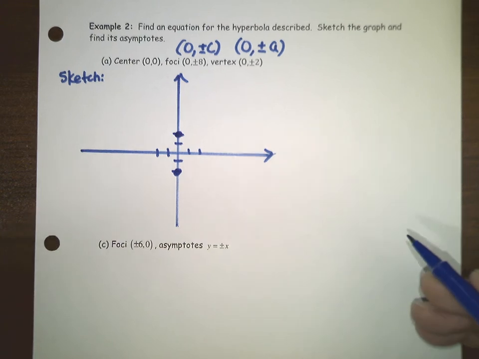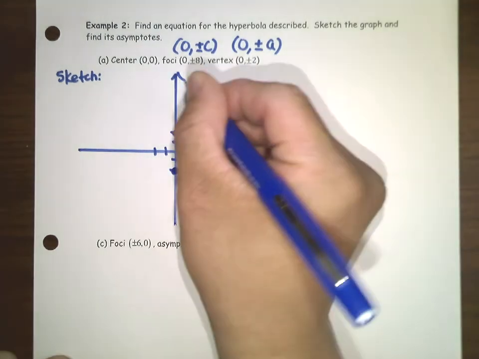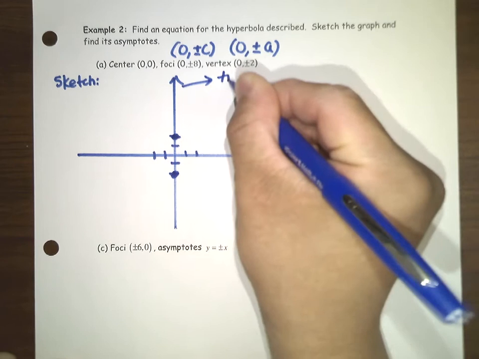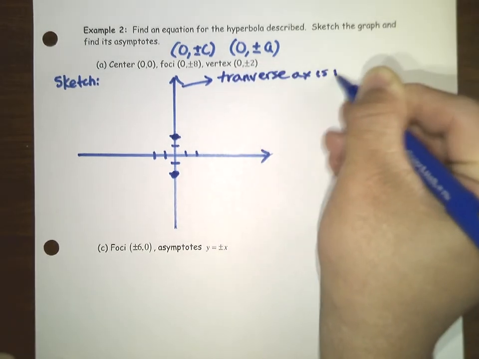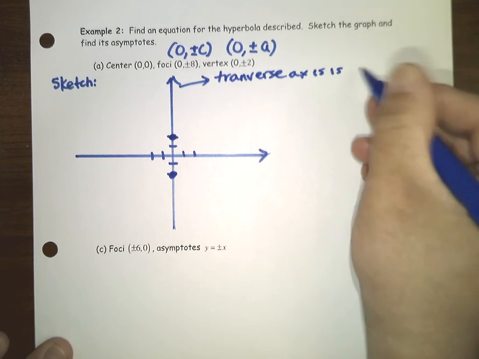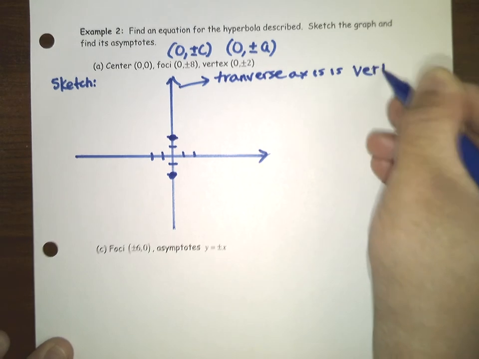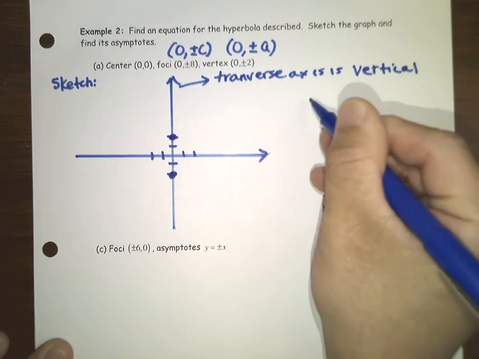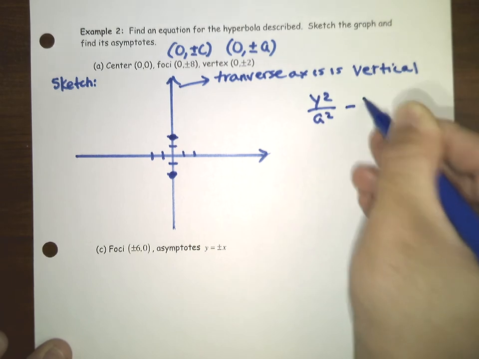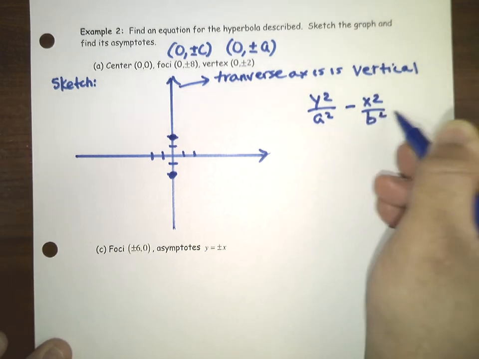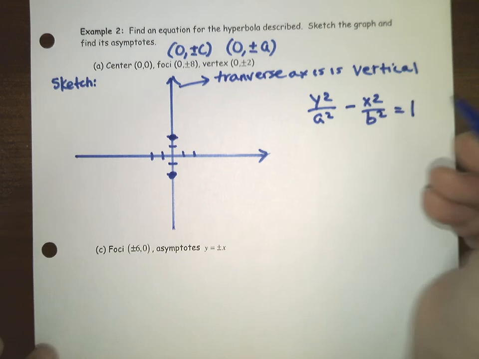So this means that because this has a transverse axis that is going to be vertical, the form of the equation is y squared over a squared minus x squared over b squared is equal to 1.